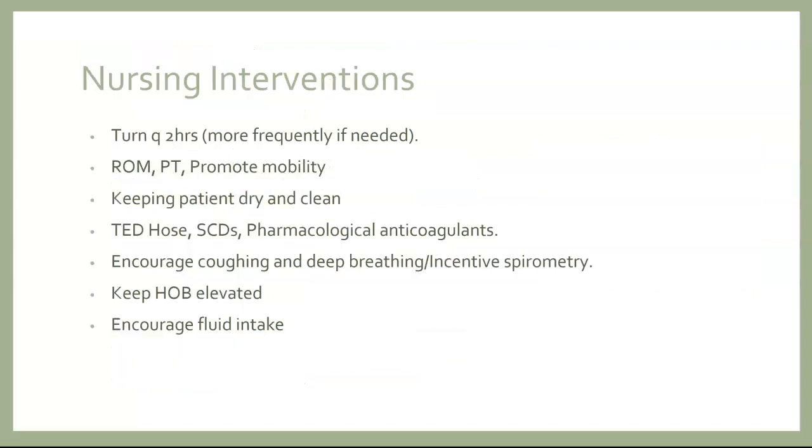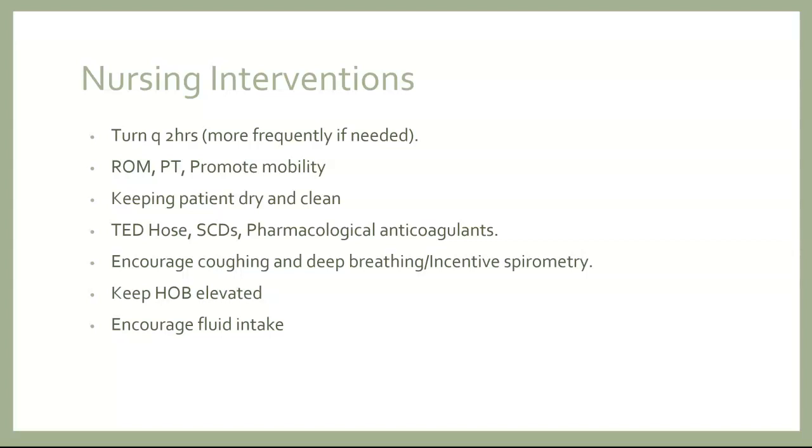So nursing interventions for this would be to turn Q2 hours and more frequently if needed. In clinical, this week we had one who was Q1 hour turn, and he was a quadriplegic, already had a stage 4 pressure ulcer. You could see his bone. So it was important to turn him more often.